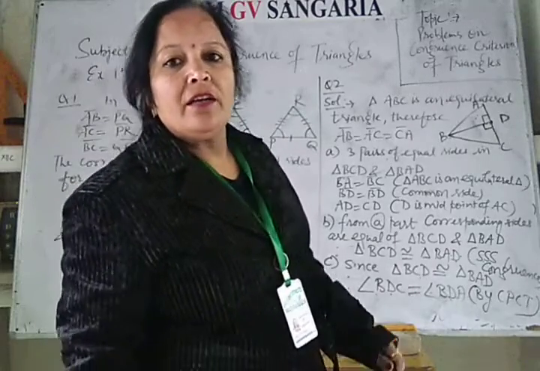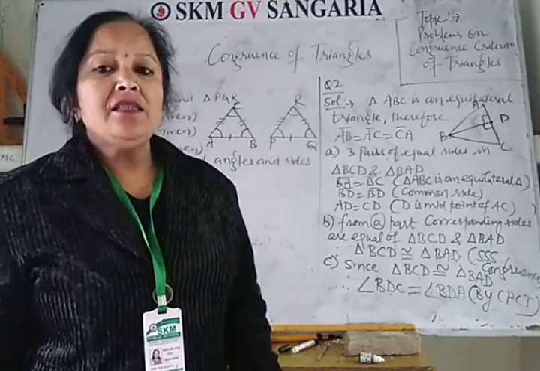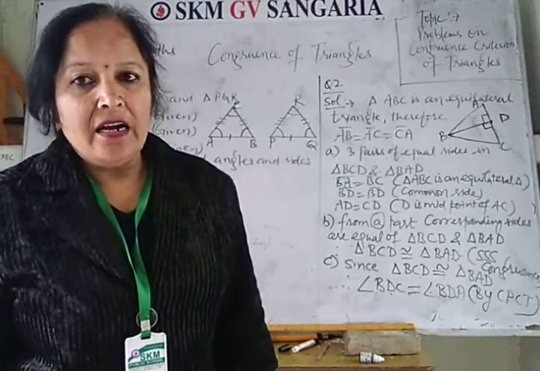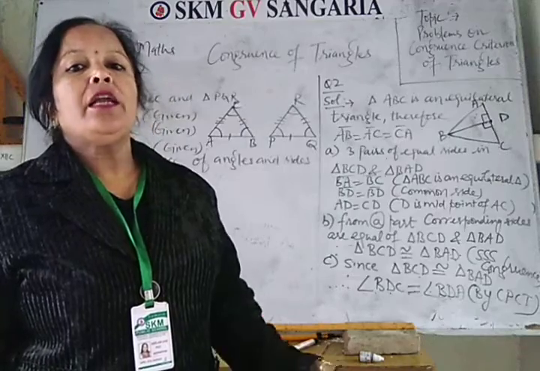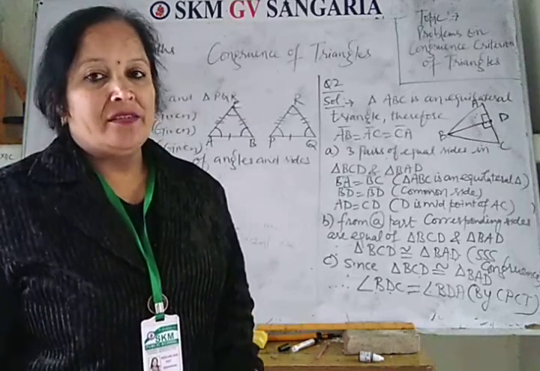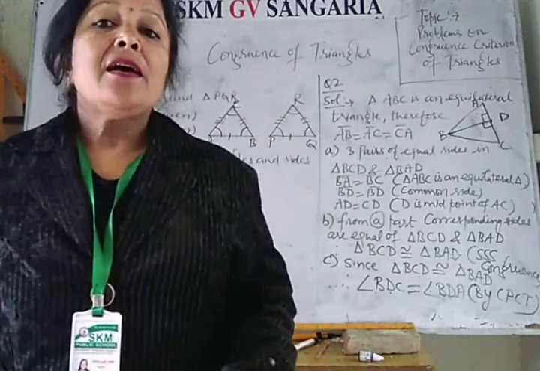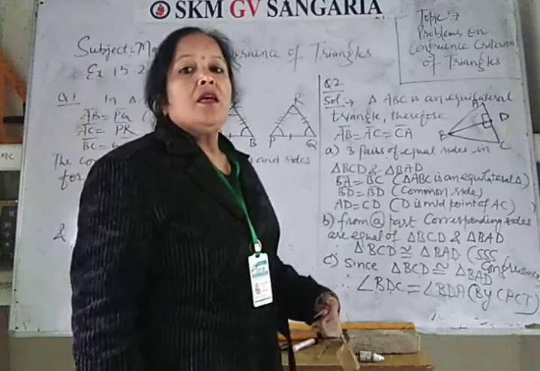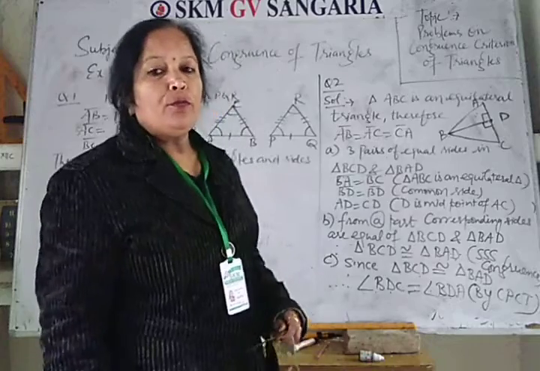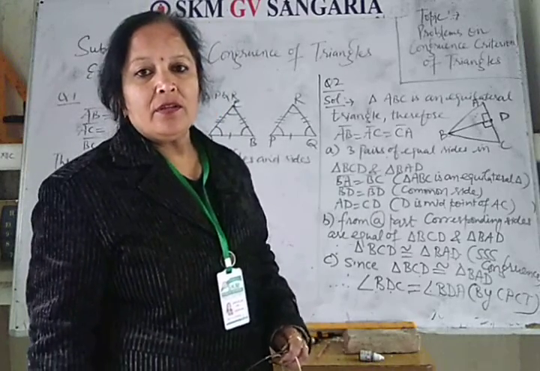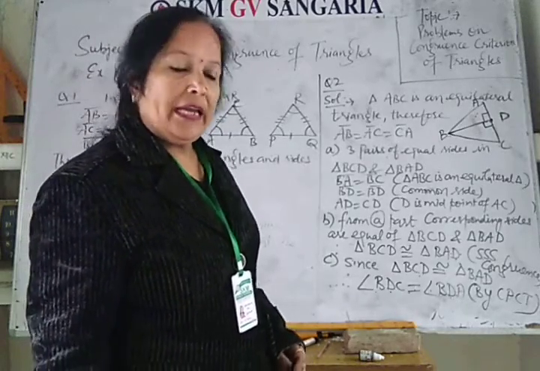In short, we say CPCT means corresponding parts of congruent triangles. If sides are equal by SSS criteria of congruence, if the corresponding sides of both of the triangles are equal, then their corresponding angles will also be equal.